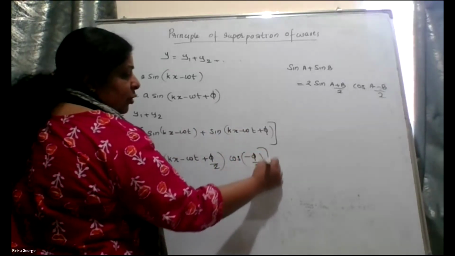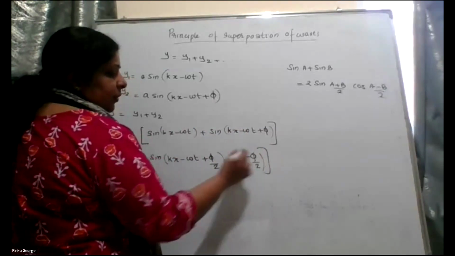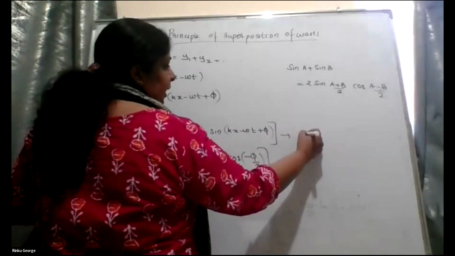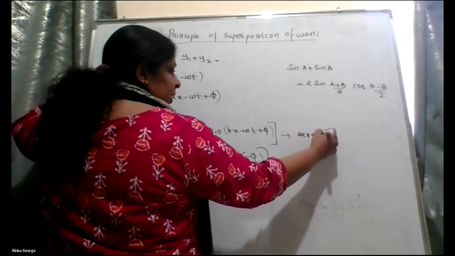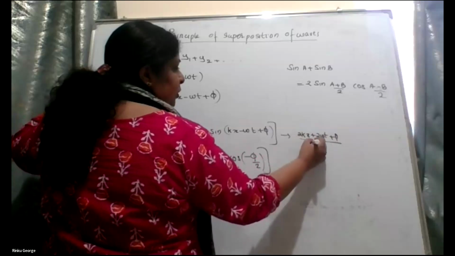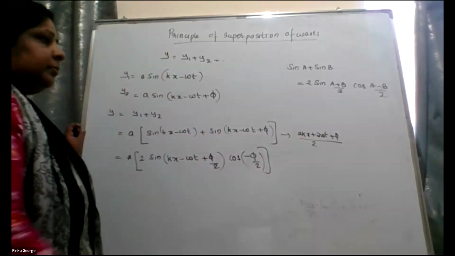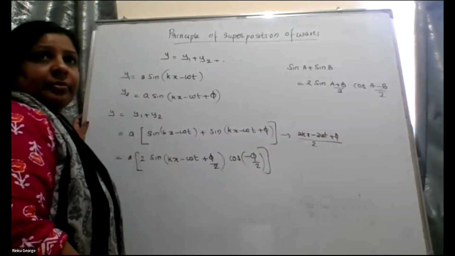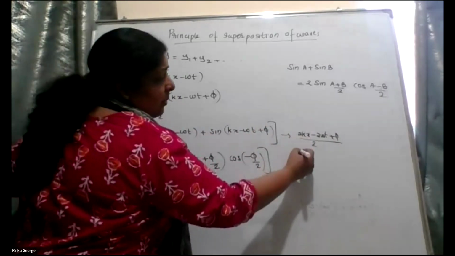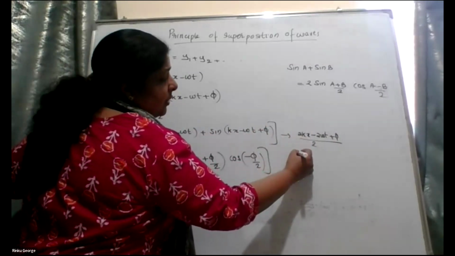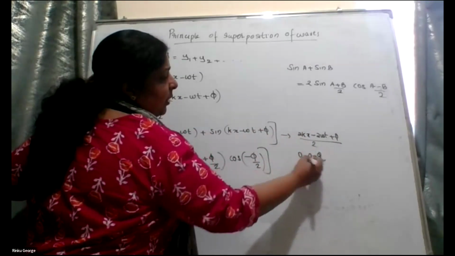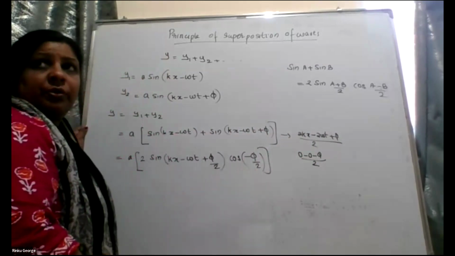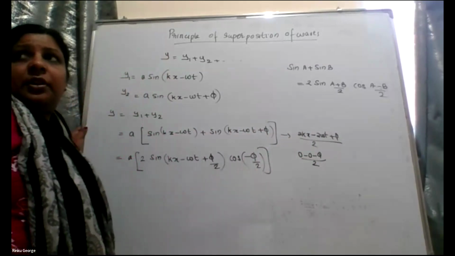If you have doubt, you can add one more step before this: kx plus kx is 2kx, plus 2 omega t plus phi, by 2. When you subtract A minus B, kx minus kx is 0, minus omega t plus omega t is 0, and minus phi by 2 will come. That is how you are getting this. This is A plus B and this is A minus B. Understood, all of you? Okay, understood.